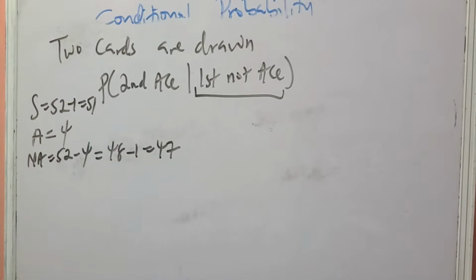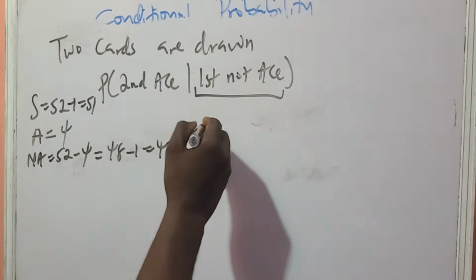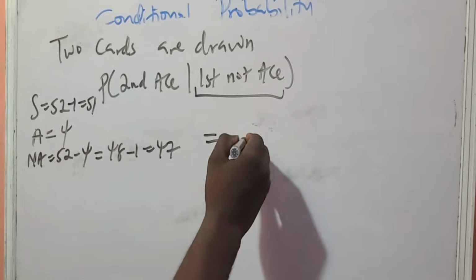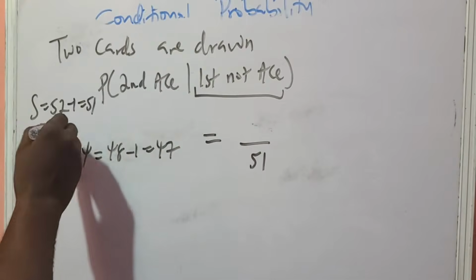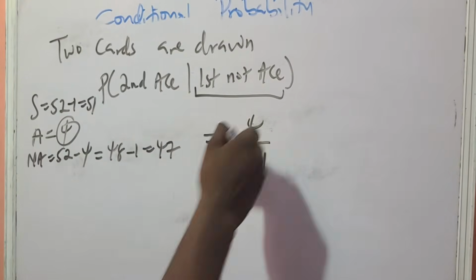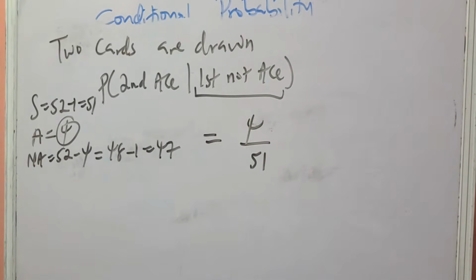So the question is, what's the probability that the second one you pick was going to be ace? Your sample space will now be 51 because you already picked one, but it was not ace. So your ace still remains as 4 for the event space. That will obviously be 4 over 51.